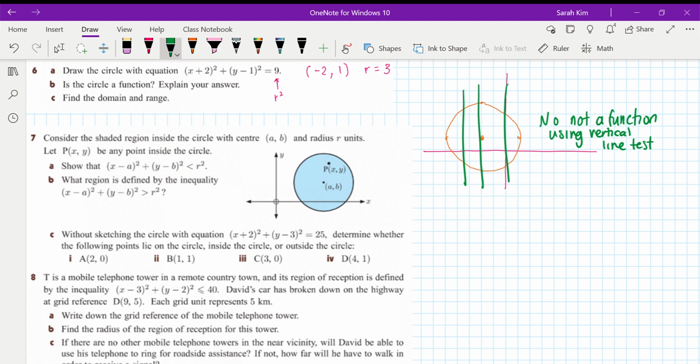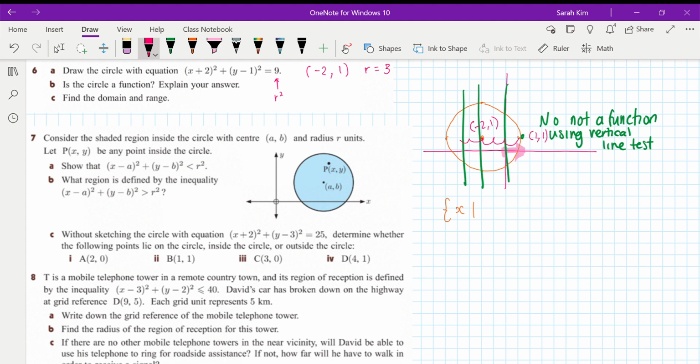Find the domain and range. Alright, so my domain, I start with that. Let's start in the middle. Where does it stop? Well, let's have a look at my x-coordinate. Well, my center over here was -2, 1, and if I add 3 to the x-coordinate, what would it be? It'll be 1, 1.